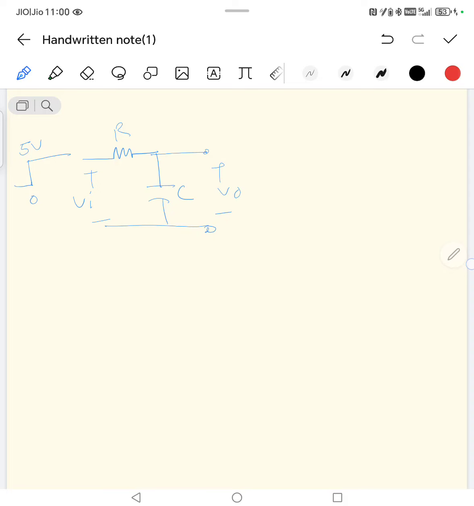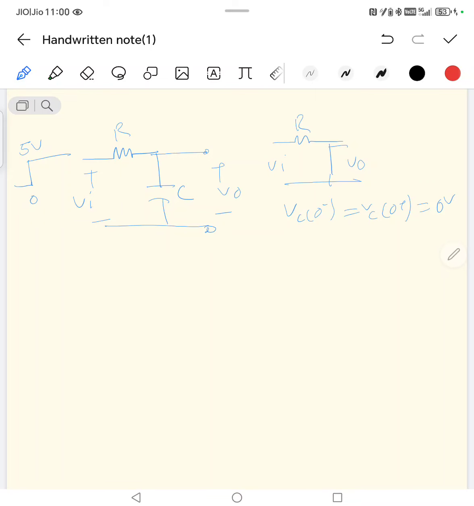So initially the capacitor will be a short circuit. So this is R, this is Vi, this is V out. So Vc(0-) is equal to Vc(0+) equal to 0 volt, because the capacitor voltage cannot change initially.